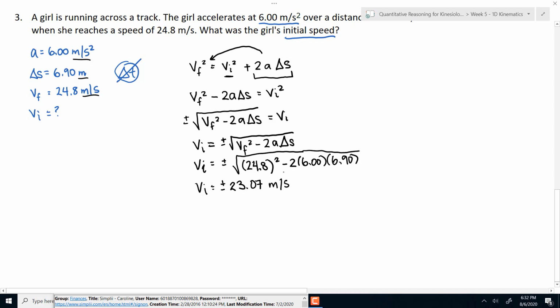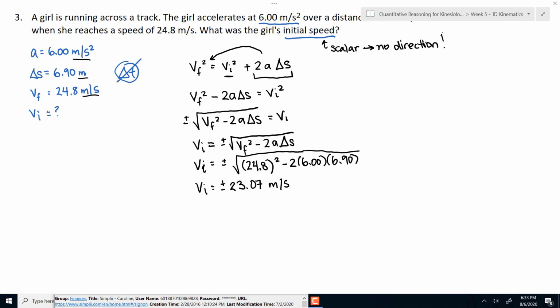All right, so now there is a plus or minus in front, and we have to decide which is the correct one. The question's asking us for speed. Is speed a scalar or a vector? Speed is a scalar. So that means no direction. Plus and minus kind of indicates a direction.